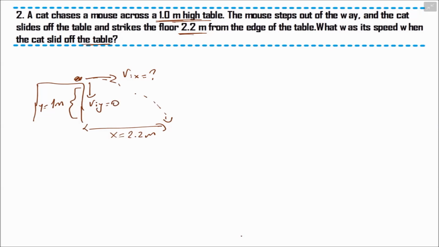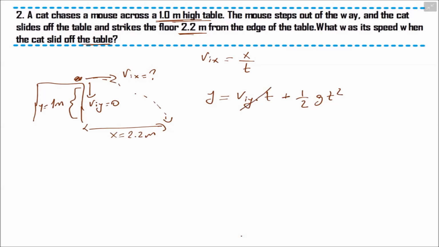To calculate v initial x, we have a formula: v initial x equals x over t. The x is given in the question and t is unknown, so we have to calculate t. We will calculate t from the y component. y equals v initial y times t plus half g t squared.